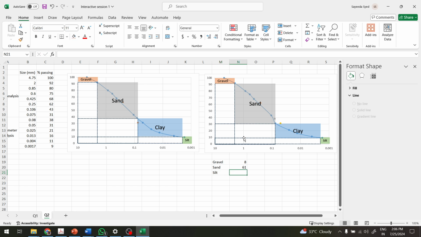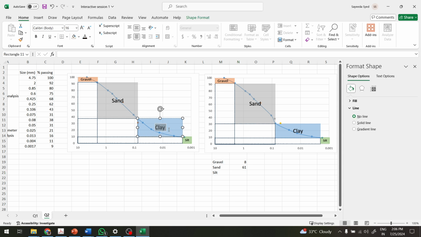Silt will be, oh, I have actually done this and the error. After sand, we'll have silt and then we'll have clay.